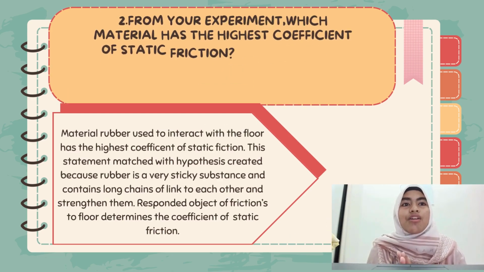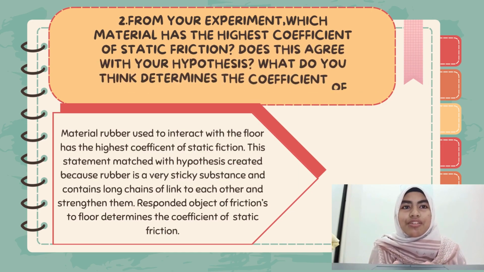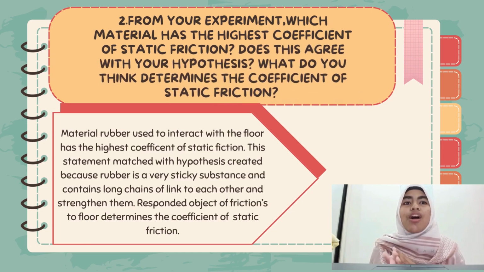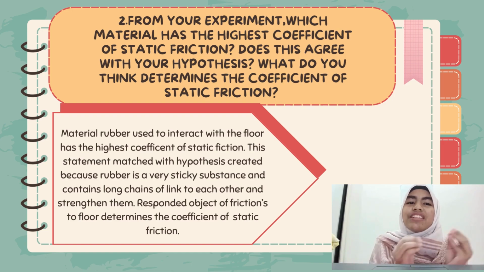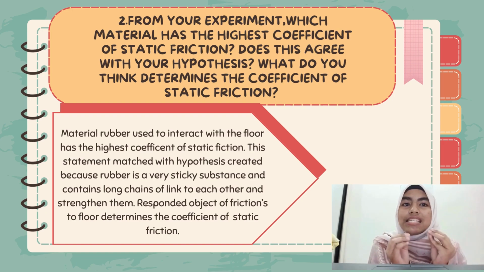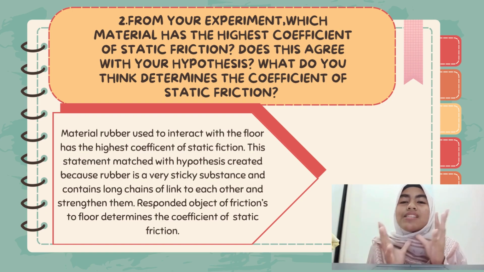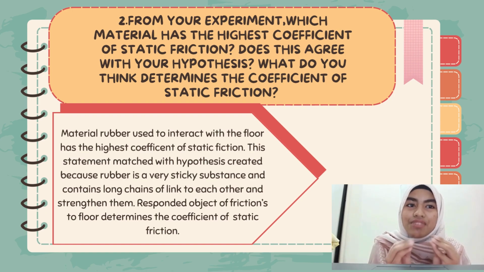Question number 2. From your experiment, which material has the highest coefficient of static friction? Does this agree with your hypothesis? What do you think determines the coefficient of static friction? The rubber material interacting with the floor has the highest coefficient of static friction.